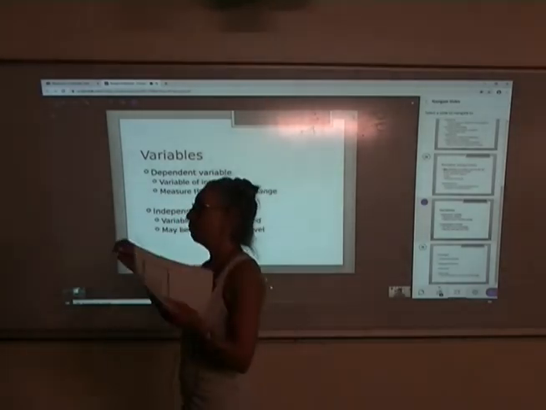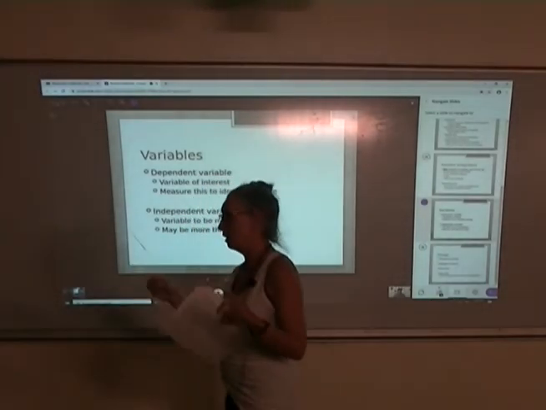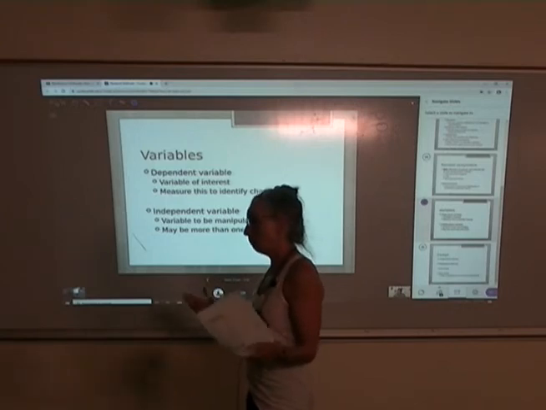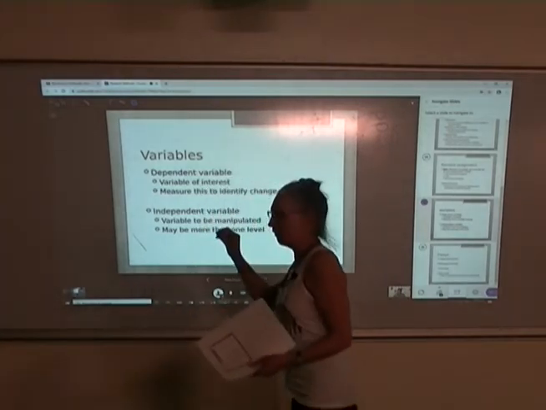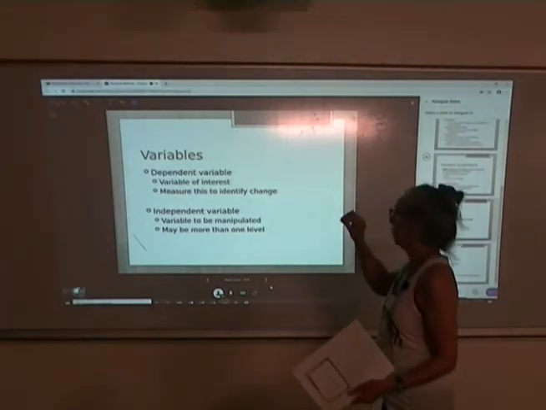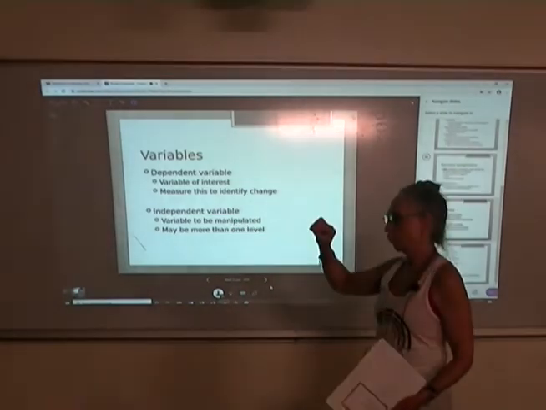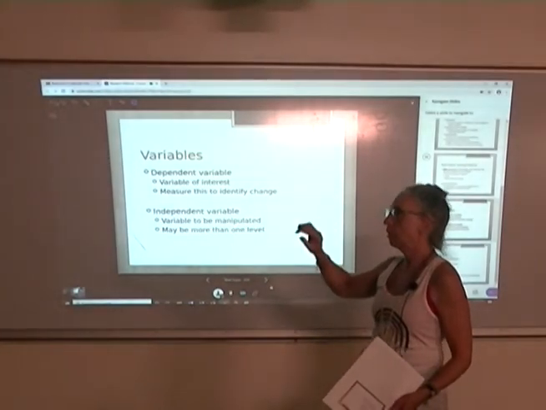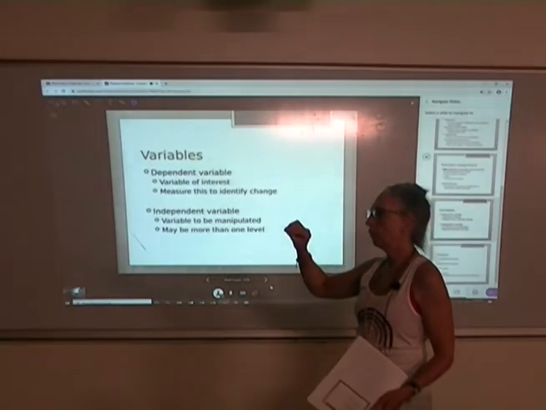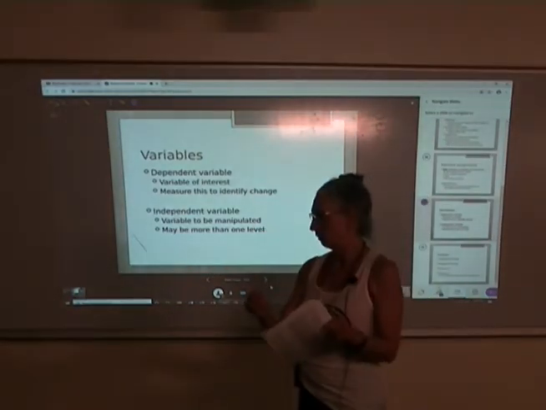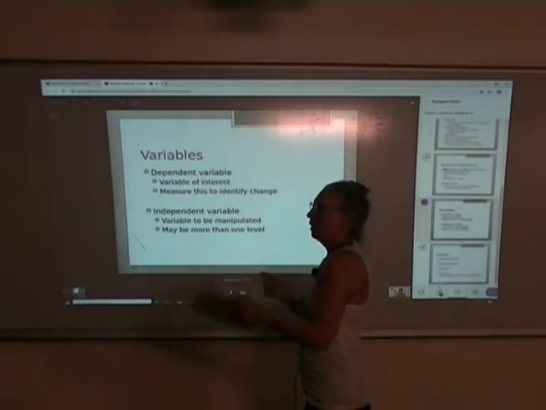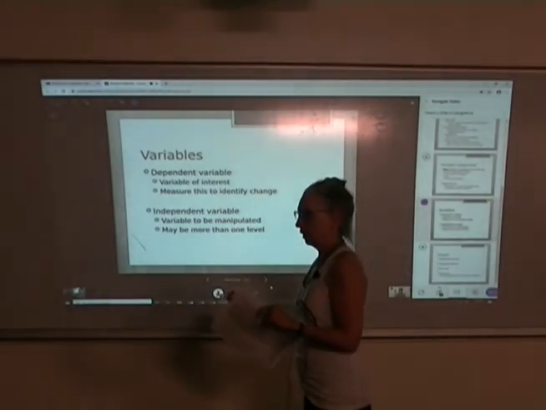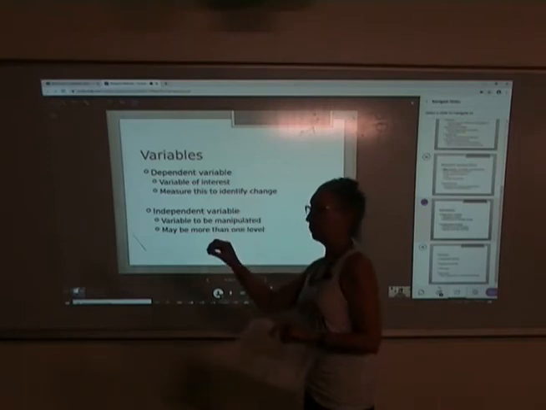Because the more variables you add into the study, the more complicated the study becomes. Okay? The dependent variable, as a reminder, is your variable of interest. Right? So my dependent variable is strength, and my independent variable is the thing that I'm manipulating. So that's going to be training program.